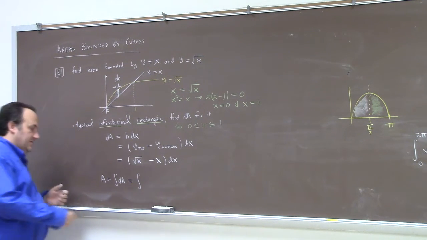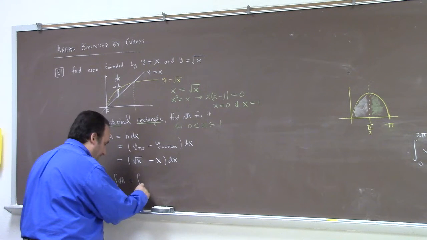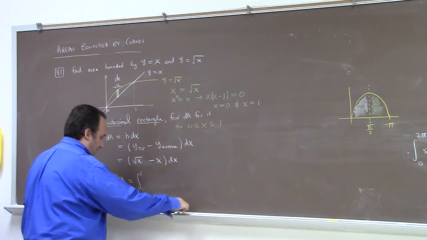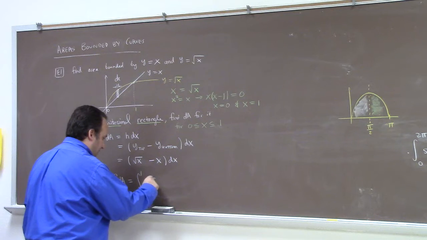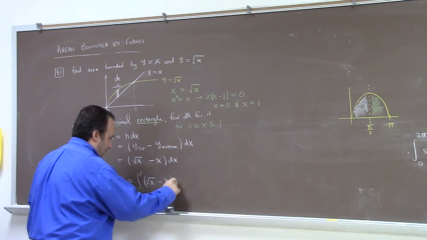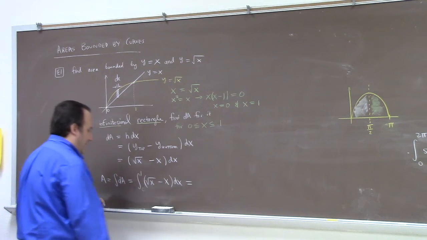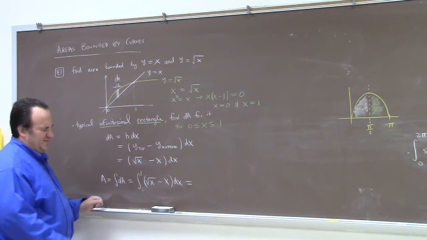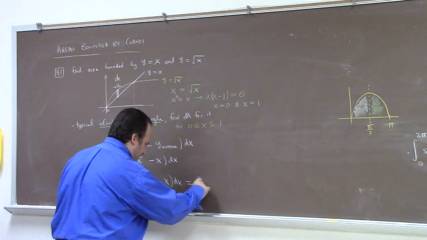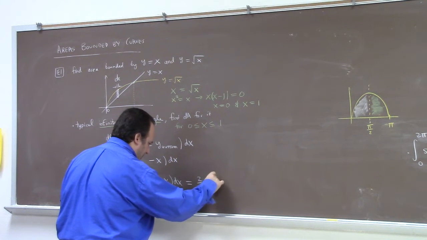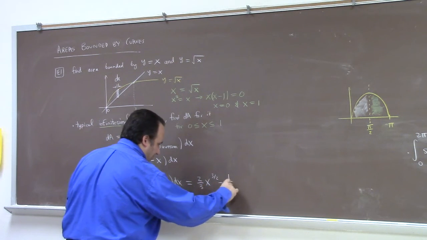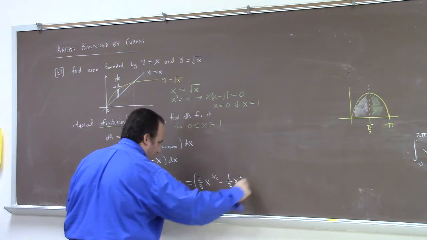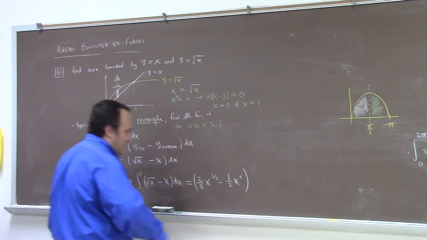And so we integrate from 0 to 1 of square root of x minus x dx. Let's see here, that's x to the 1/2. 1/2 plus 1 is 3/2. Divided by that is multiplication by 2/3. So x to the 3/2 times 2/3, minus 1/2 x squared, and we evaluate from 0 to 1.